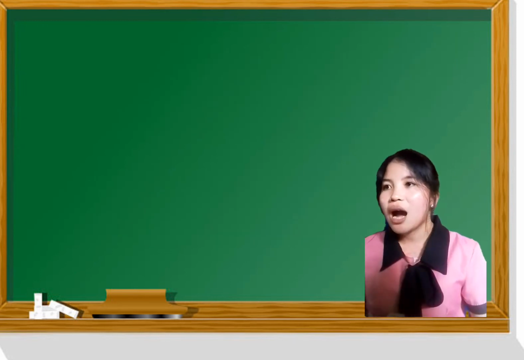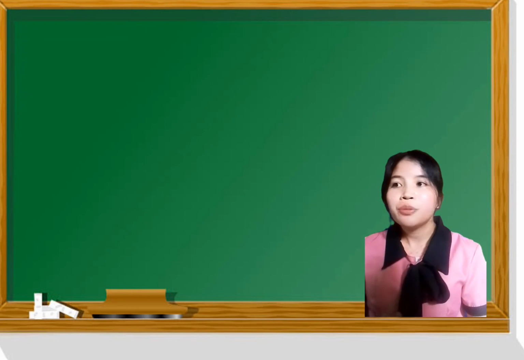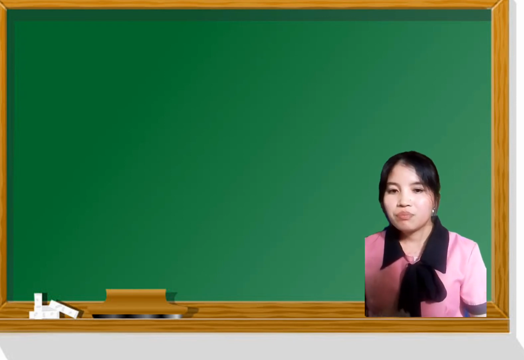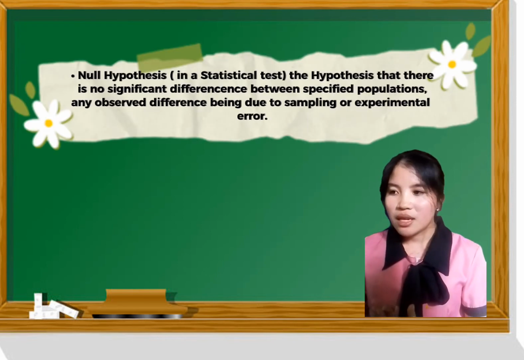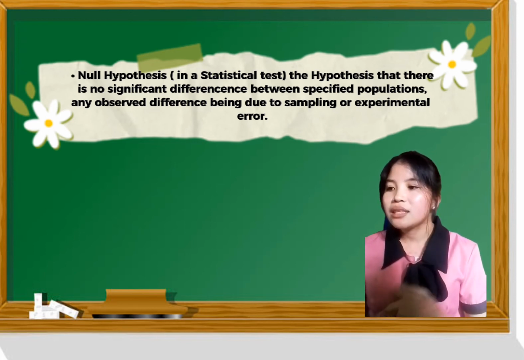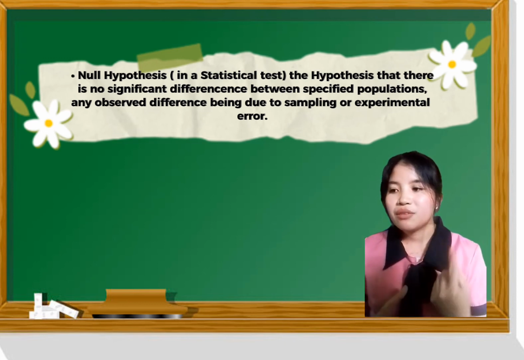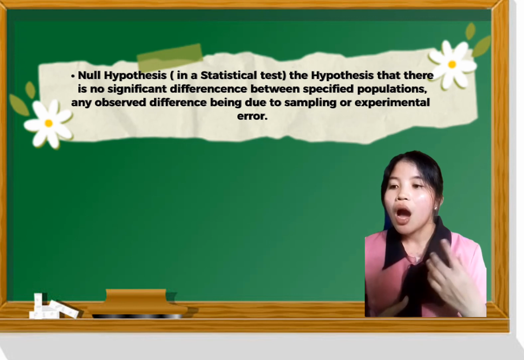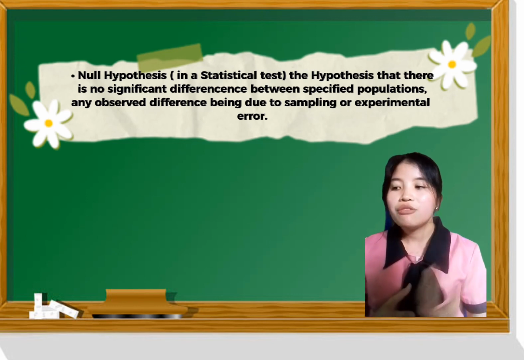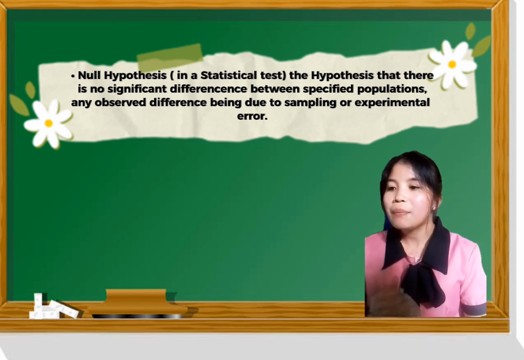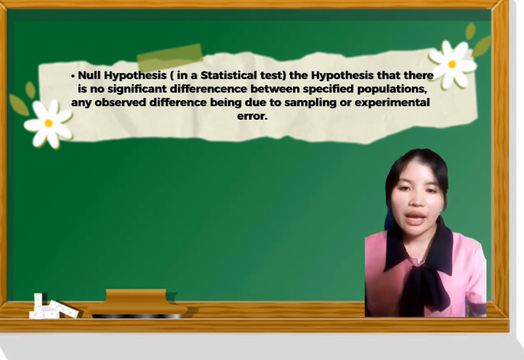So that is the formulation of hypothesis. And the null hypothesis in a statistical test is the hypothesis that there is no significant difference between specified populations, any observed difference being due to sampling or experimental error.